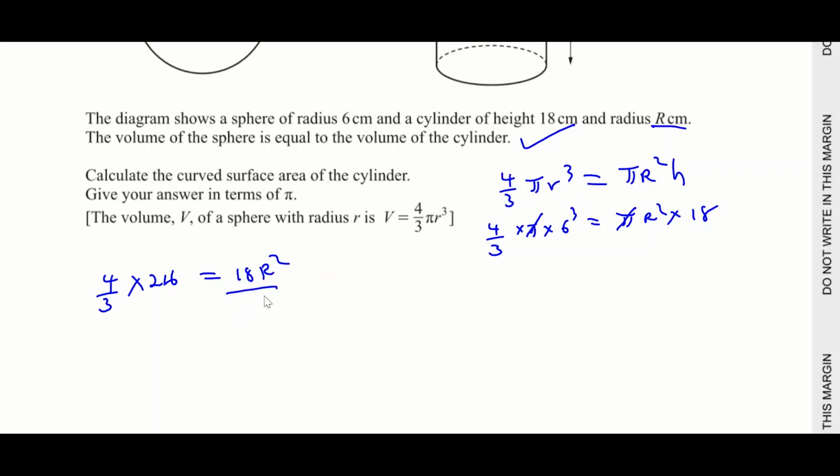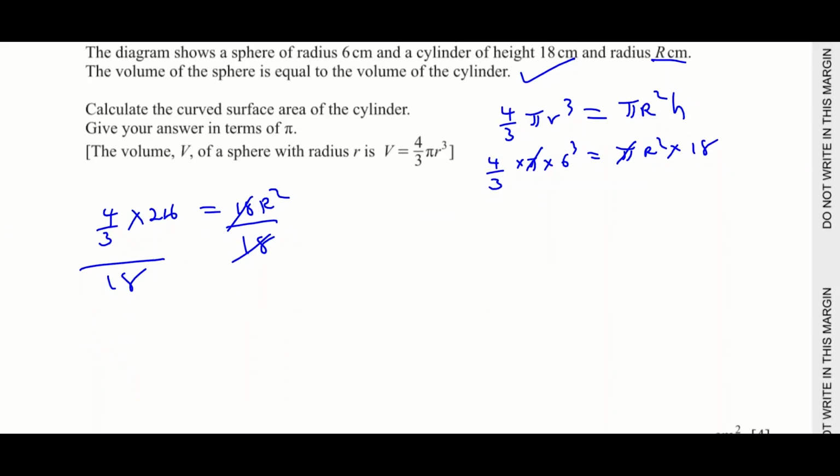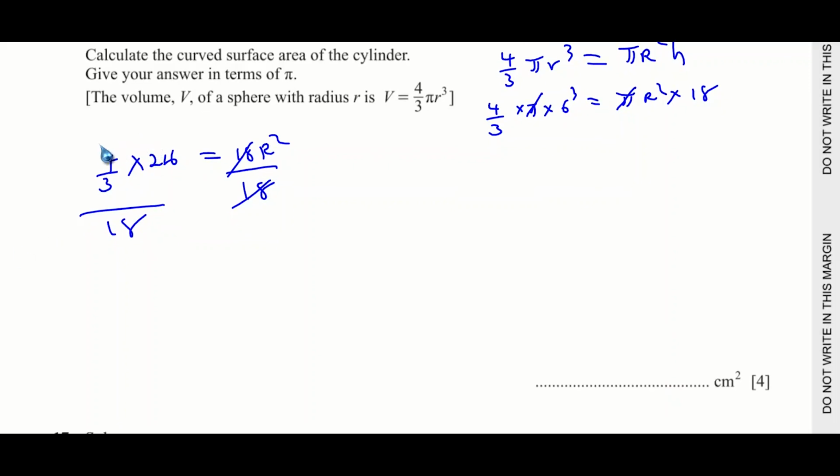So we can now divide both sides by 18. If you input this into your calculator, you should get 16 equals r squared, and 4 equals r. So that means the radius equals 4 centimeters.